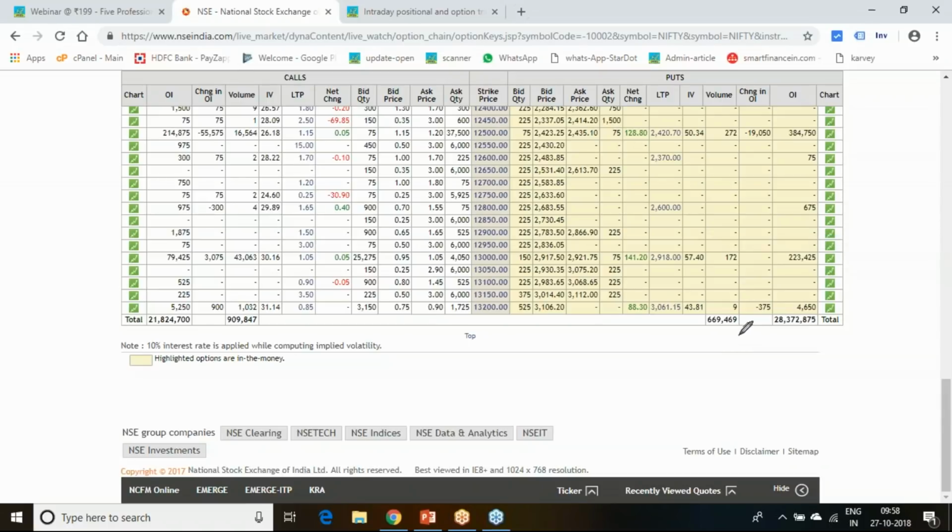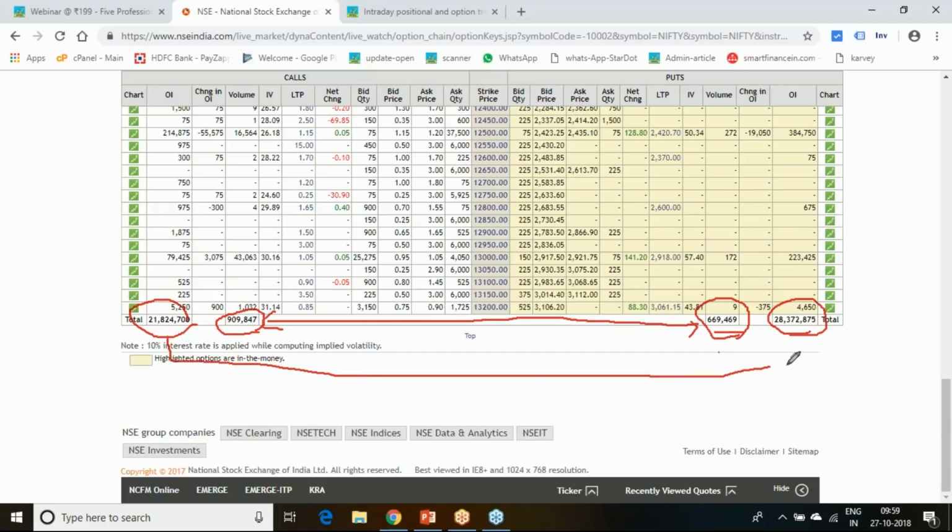One is volume: the put volume traded divided by the call volume traded. This is also known as a put call ratio. Same way, put open interest available divided by call open interest available. This too is a put call ratio. But the volume-related one gives you a short-term indication, and this gives you a slightly longer-term indication.